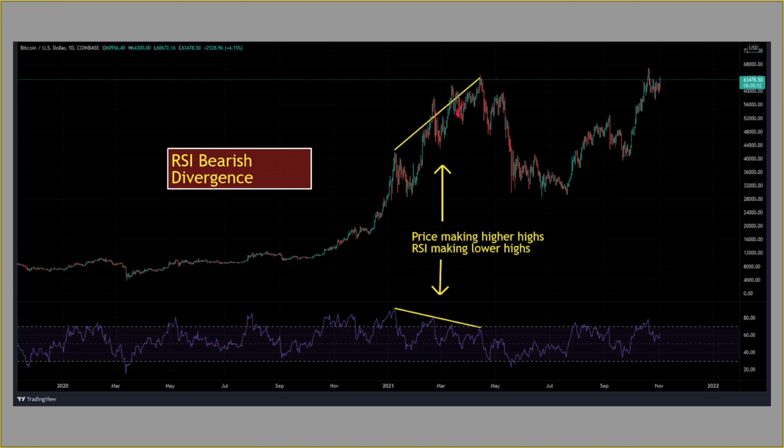Now, signs of this playing out could be found when we turn to market structure. We failed to produce a higher high, right? We came up, we saw a high, a low, a higher high, a higher low, a higher high, a higher low, a higher high.